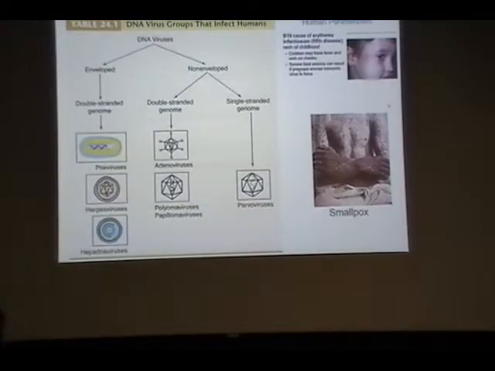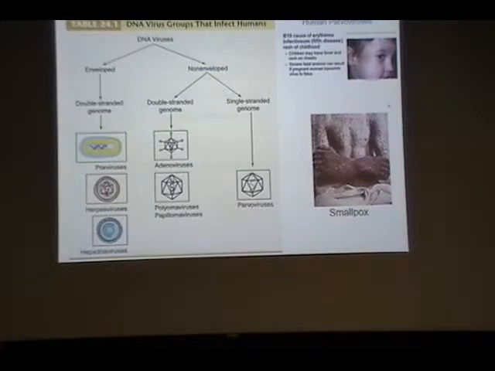So here is another way to classify DNA viruses, based on their structures. As you know, some viruses have a membrane, or what's called an envelope, outside of the viral particles. So these are called the enveloped viruses. And the other group of viruses don't have an envelope outside of the viral particles.